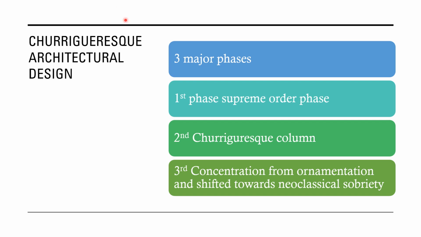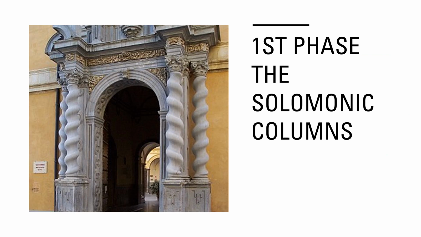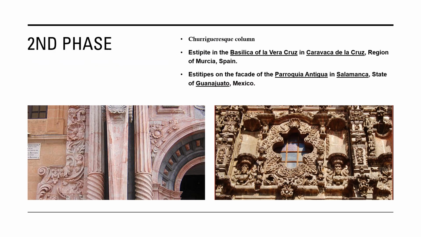On the next slide, we will see the examples of the first phase, second, and the third. This is the Solomonic columns. The second phase is the Churrigueresque column.